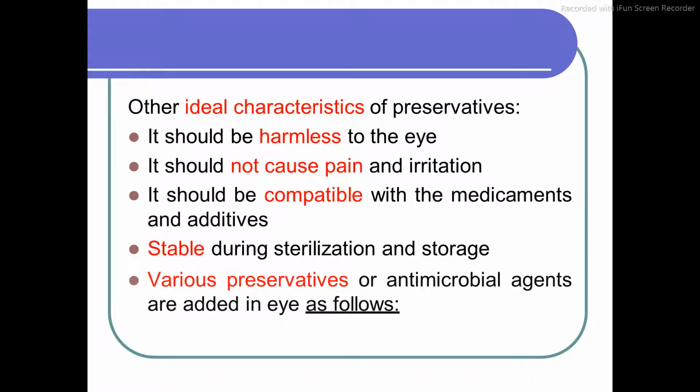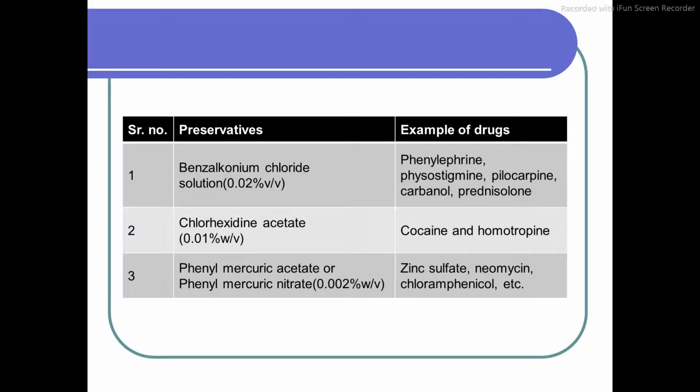Then various preservatives or antimicrobial agents are added in eye drops. Let us see one by one. As you can see in this image, the first category is benzalkonium chloride solution, used in a concentration of 0.02% volume by volume. Benzalkonium chloride is one of the most widely used preservatives in our ophthalmics.